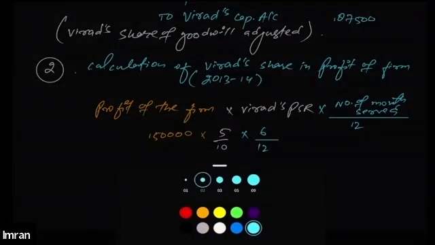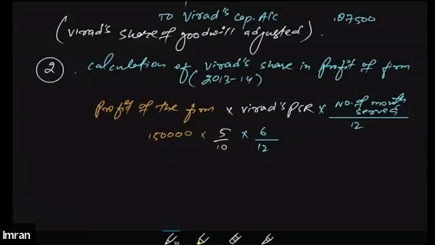So by solving it, we will be getting 75, or that means 37,500. So this much amount needs to be credited to Virat's capital account by way of profit in the firm.